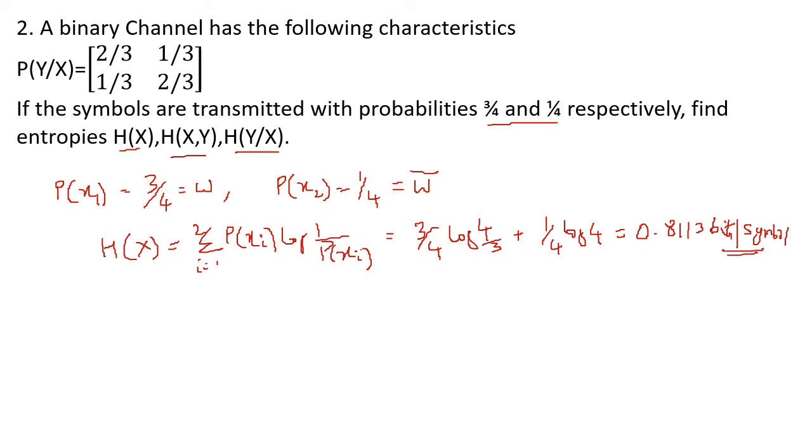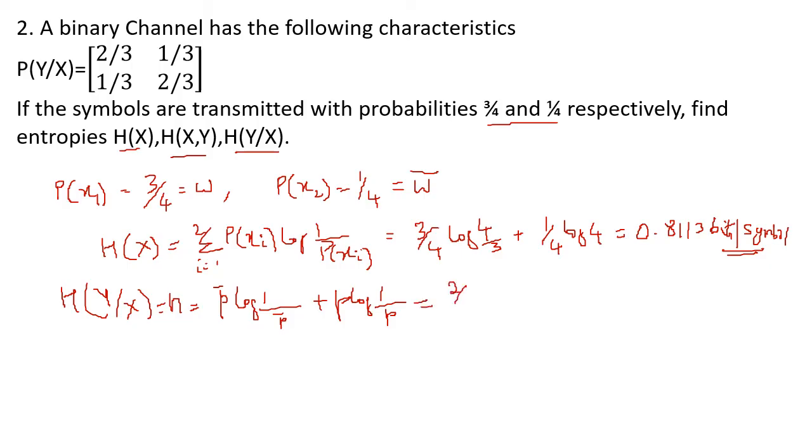Next, if you see the channel matrix, it is a symmetric channel and it is binary. So we can write H(Y/X) equal to H, a constant value, which is equal to p bar into log 1 by p bar plus p into log 1 by p. So p and p bar are nothing but the elements of the first row. So we can substitute here.